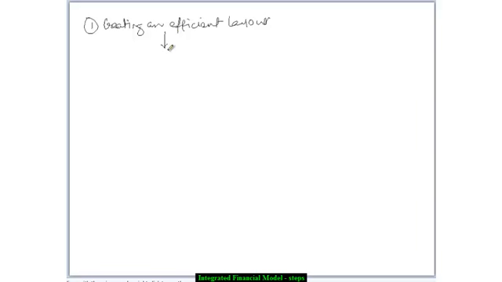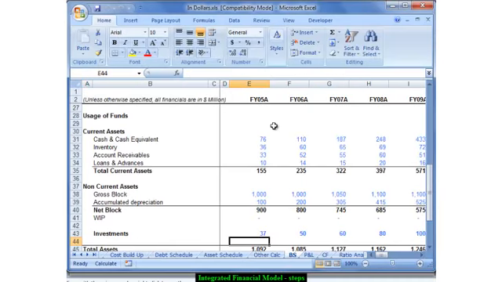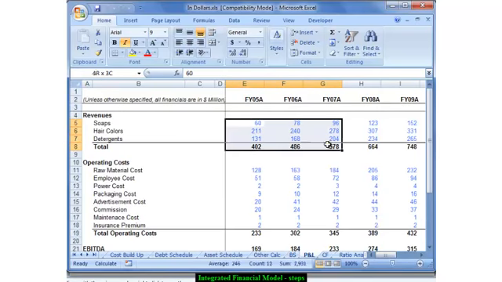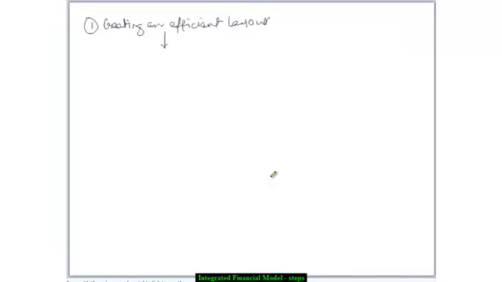Once you're through with the layout, the first technical step in creating any model is essentially inputting the historical numbers for the balance sheet and the profit and loss account. Is that okay? Typically, to demarcate between the constants, that's basically the assumptions, and the calculations, I use a blue colored font for the inputs or the assumptions, and I use a black colored font for the calculations.